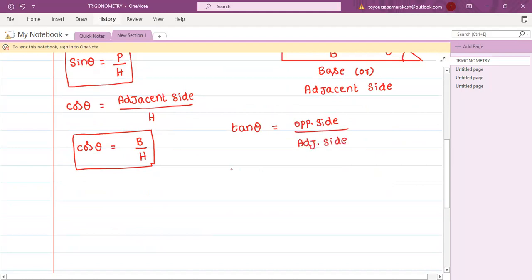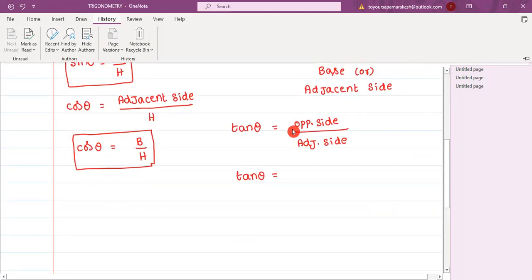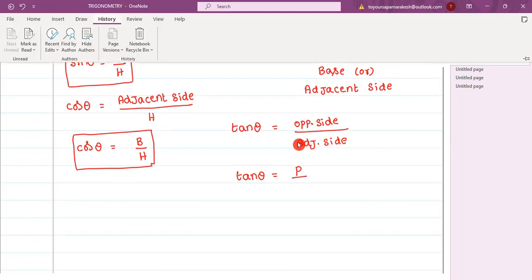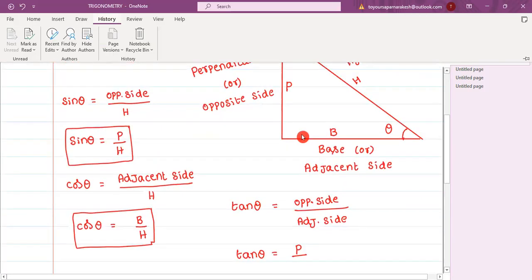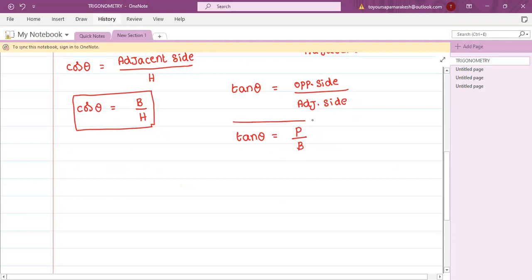Referring to the figure, the opposite side length is P and the adjacent side length is B. So tan theta equals P upon B.